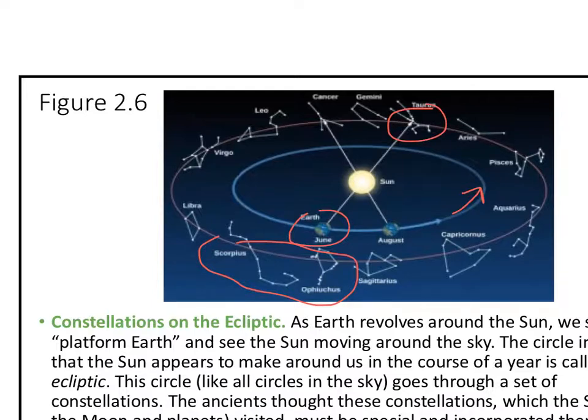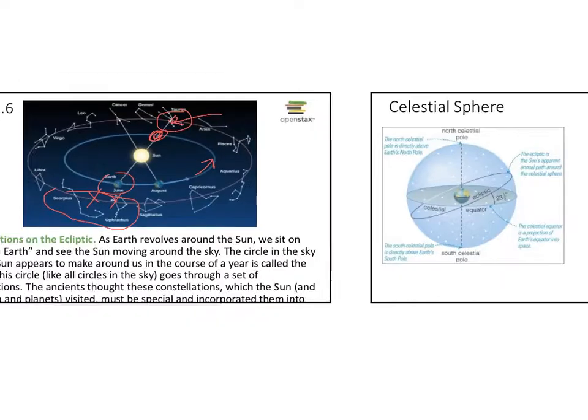Now, if we go over here, let's put you 6 months later. Okay, if the Earth is here, notice we are going to see Taurus at night, but we're not going to see Scorpius or Ophiuchus.